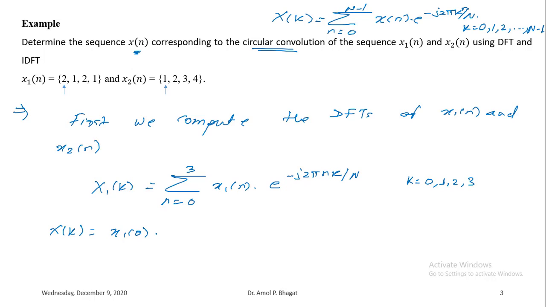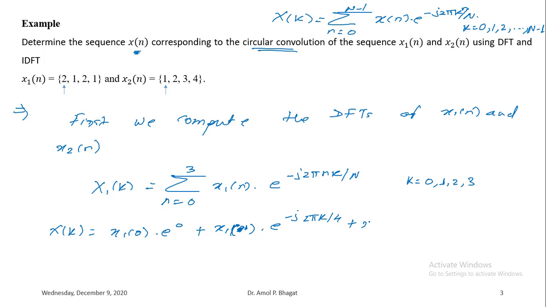it will be x1 of 0 into e to the power 0, plus x1 of 1 into e to the power minus j 2 pi k by, as N is 4, so it will be pi k by 4, I will write, right?